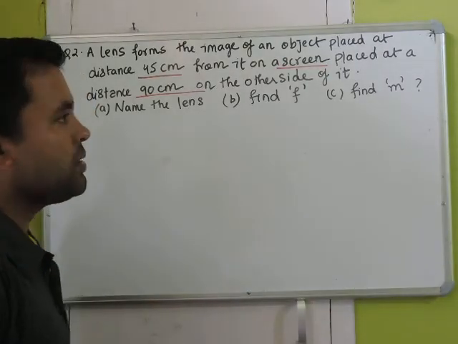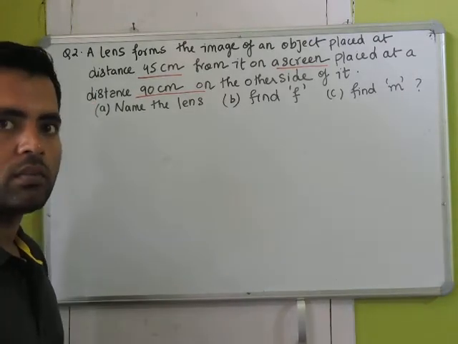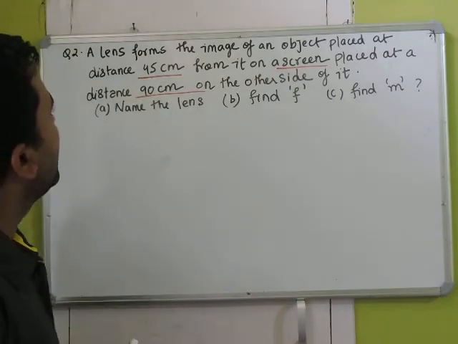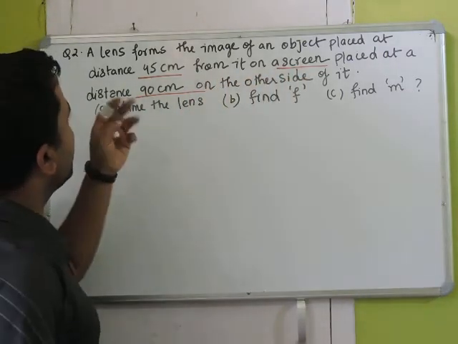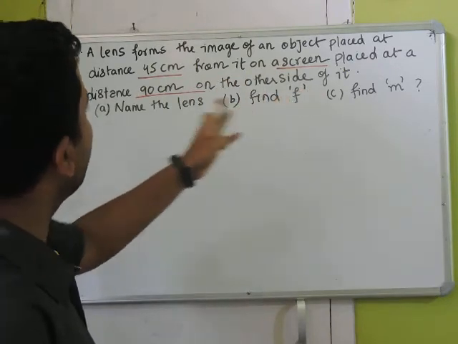In this question, you can see a lens forms an image of an object placed at a distance from it on a screen placed at a distance.